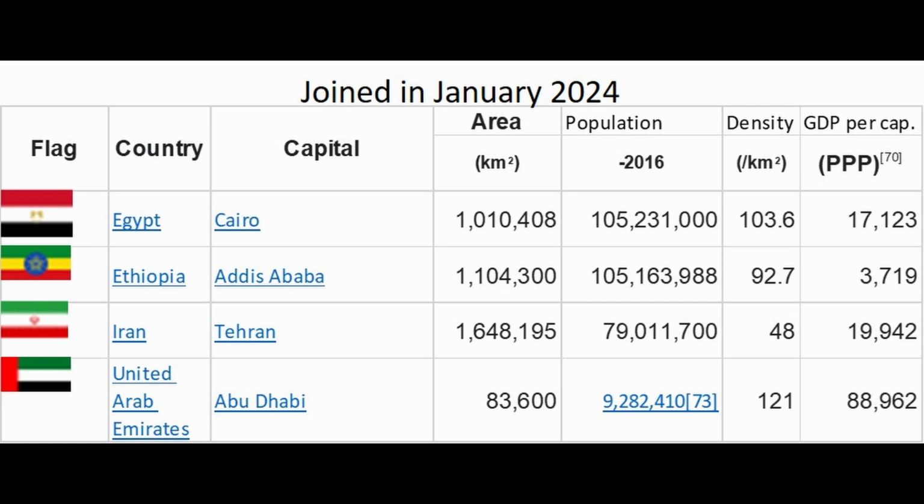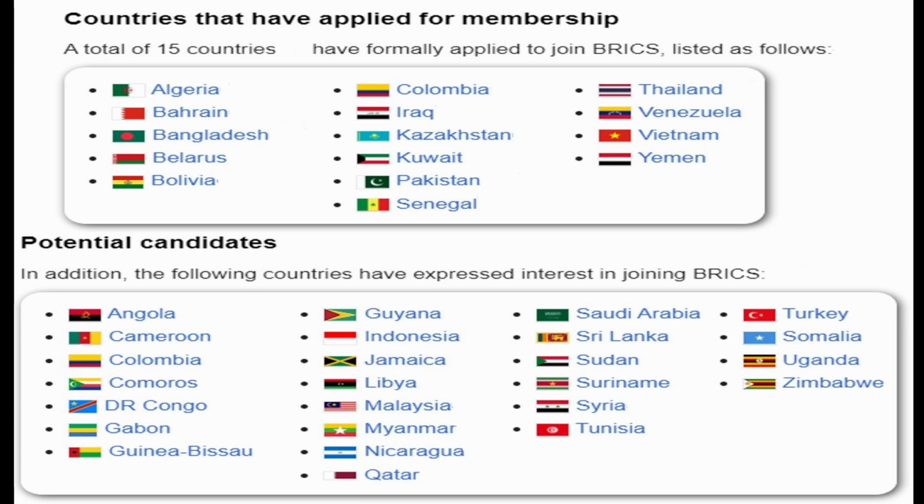So if this really kicks off, the US dollar is going to have a big competitor, and it's going to hurt the US dollar value. As they say, Goliath is starting to get hit with a lot of stones.